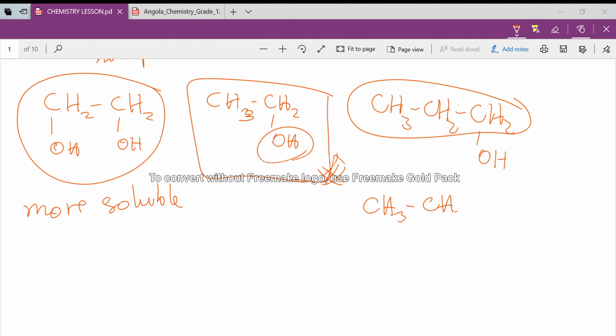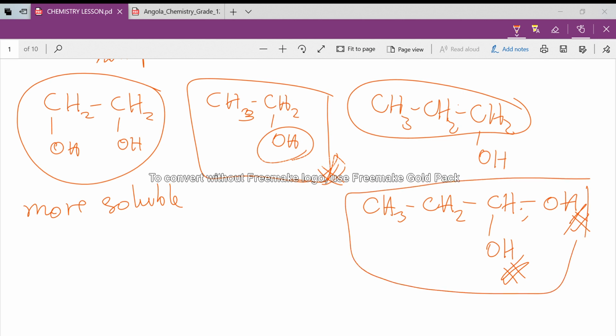Now, if we add another compound with 3 carbons, but here we have 2 OH groups. So this is more polar, it means this compound will be more soluble compared to this one. Okay?